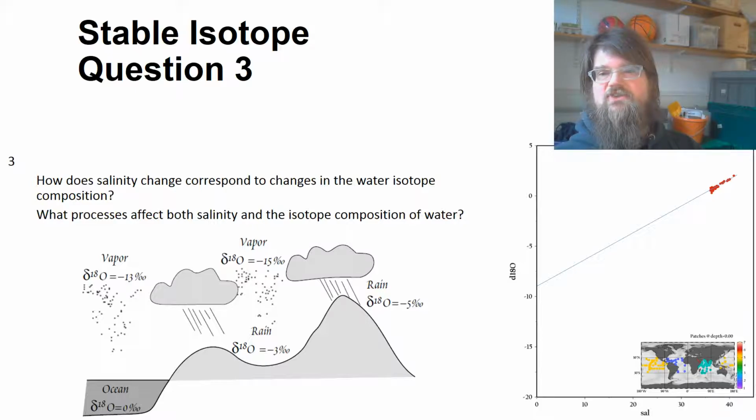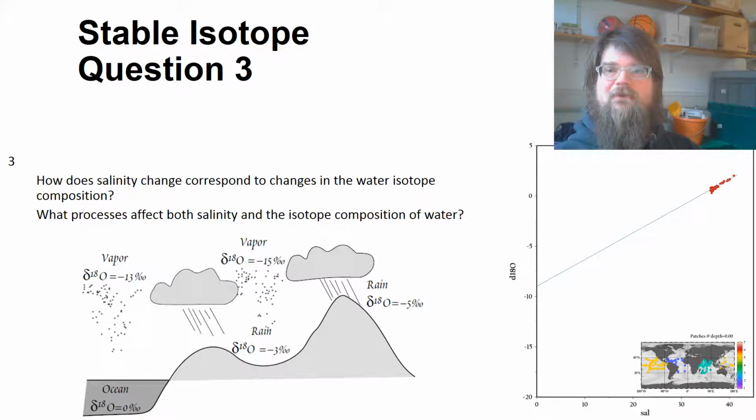In this case, it's just equilibrium fractionation between the vapor and the water. There's not that extra bit of kinetic isotope fractionation that might take this to -13 mil. So that's what's going on with evaporation. We already know that in an evaporative case, we might expect there to be a relationship between salinity and oxygen isotopes.